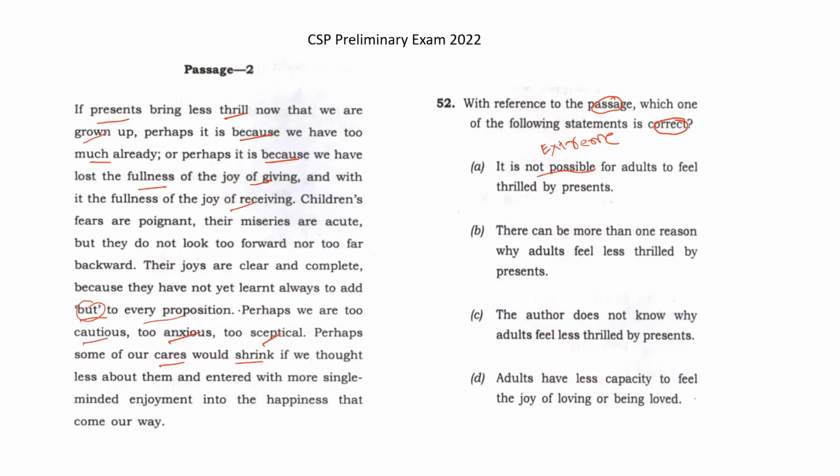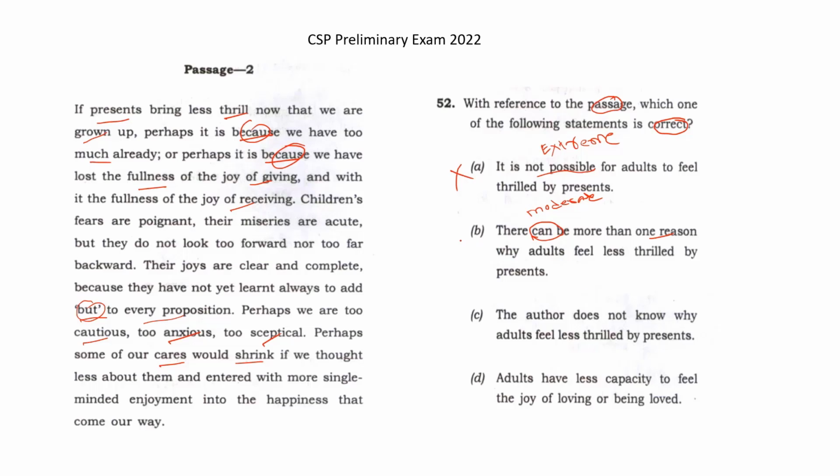No. It gives some reasons, because why adults are less thrilled. Option A is gone. There can be more than one reason. There can be, likely can be, moderate language, keywords. Because is present.